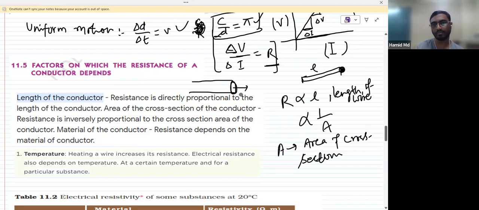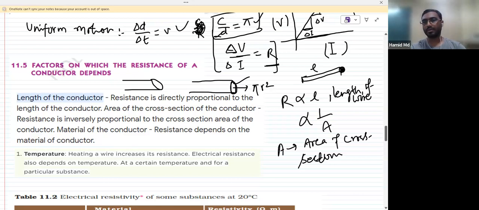So this is the area of cross section. If we cut it in some other shape like this, this is not perpendicular to the surface, so it is different from the cross sectional area. For the wire it will be equal to pi times radius square.